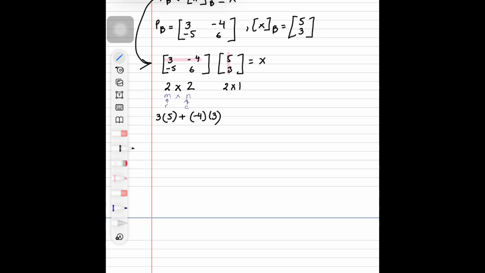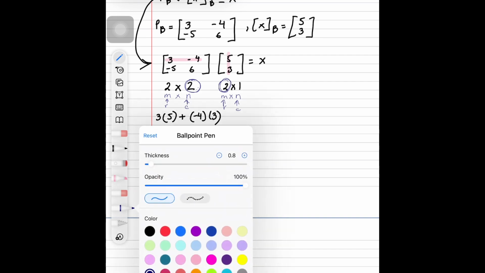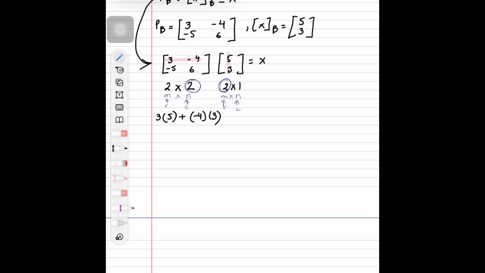You can only multiply the matrices if the number of columns of the first matrix and the number of rows of the second matrix are the same. That means we can multiply them, and therefore the answer will have the dimensions 2 cross 1.